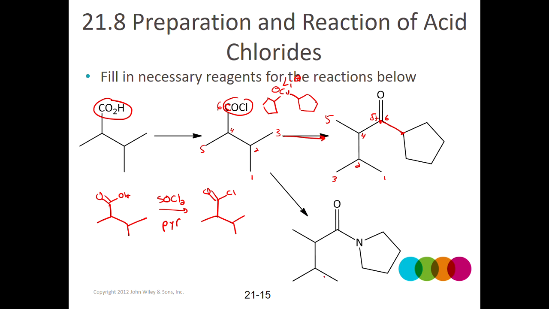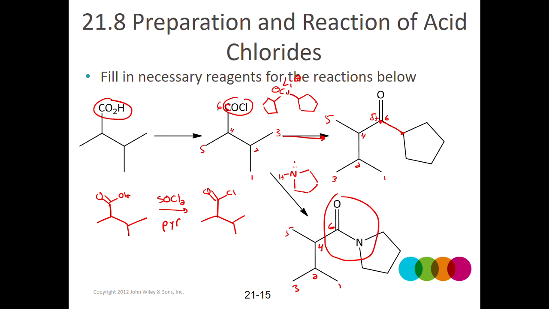If we want to go down here and make this product, what I'm seeing is a similar situation. I've got the same carbon skeleton, except here I want carbon 6 to bond to a nitrogen. So I need a nitrogen nucleophile. And in this case, I'm making an amide linkage.